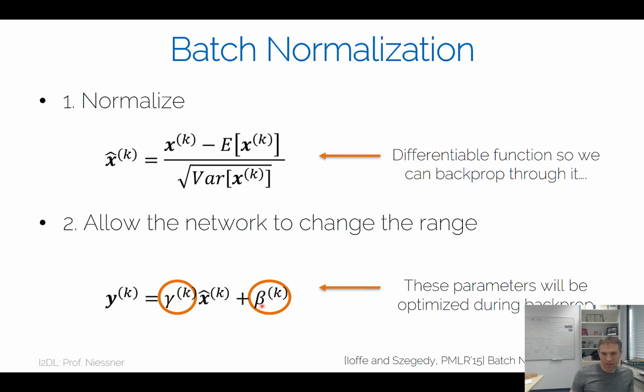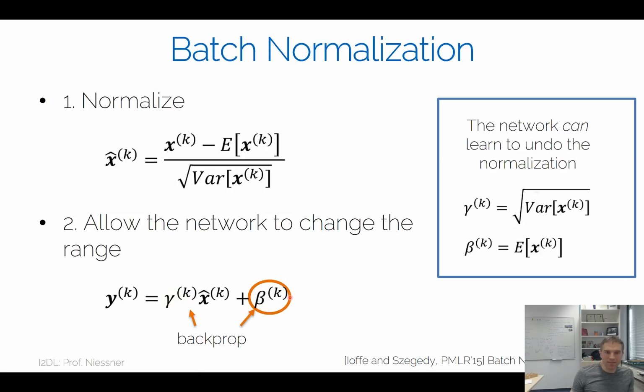And the idea here is that the network can learn to undo the normalization depending on the needs. So you give the network more flexibility. You don't have this hard-coded normalization. You're saying, the network should be normalized as much as you can, but if you need to deviate, please do so.